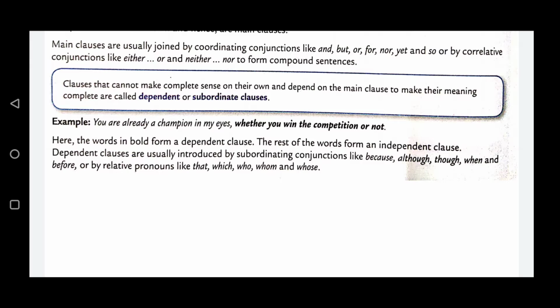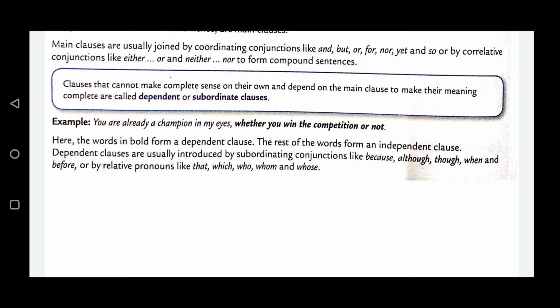Also have a look that the two clauses are divided with a comma. This is a sentence with a subordinate clause and the main clause. The first part is the main clause, the second part is the subordinate clause.